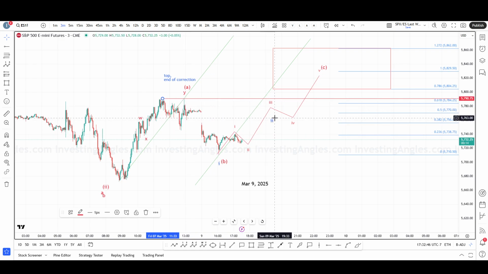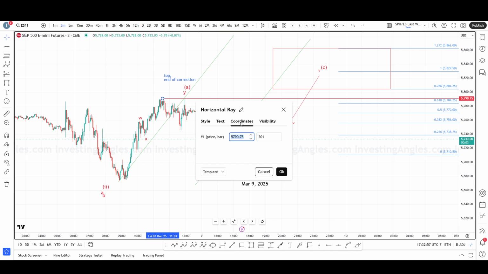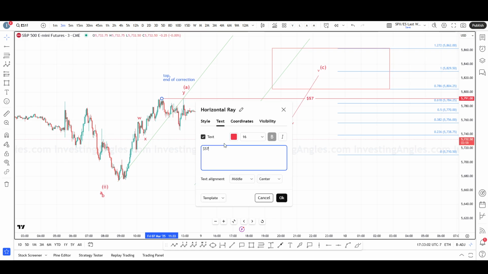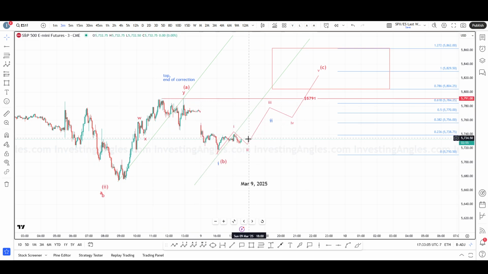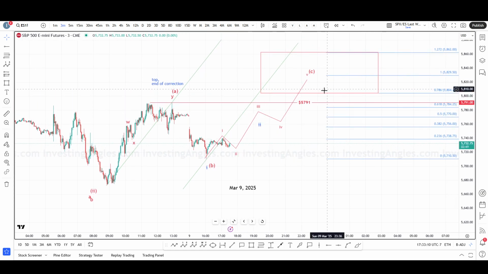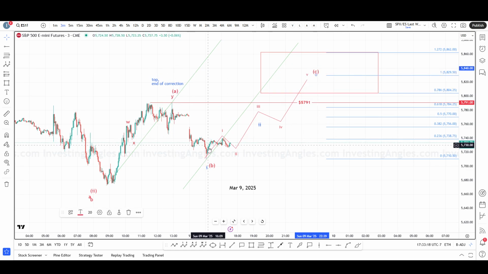As soon as it breaks above this level, which is 5791, identified clearly, 5791, then we would be looking for something bigger, potentially an ABC correction, or it could be a WXY. That's also possible. It depends on what kind of wave it makes.